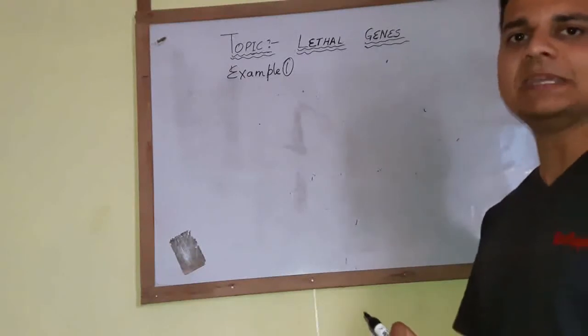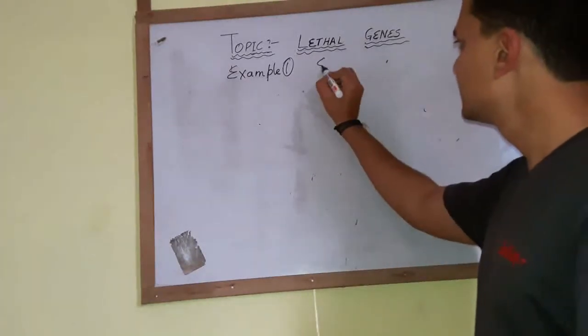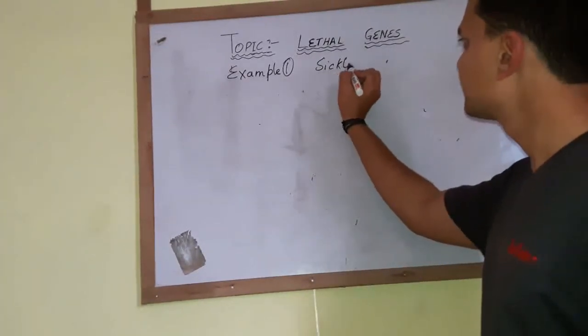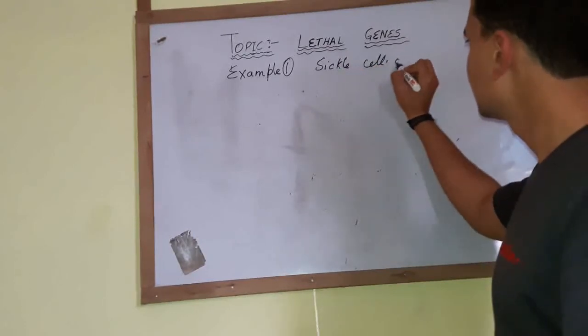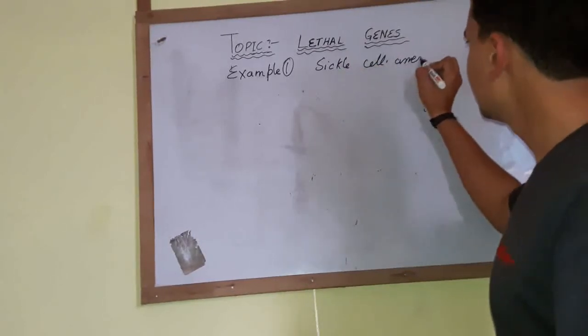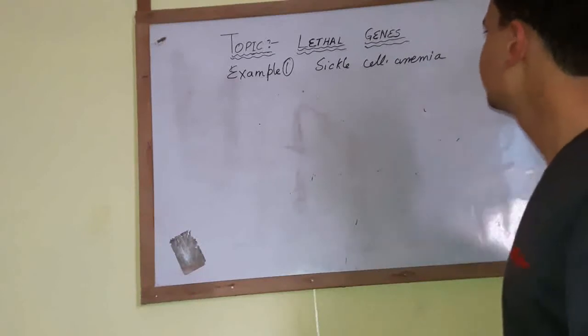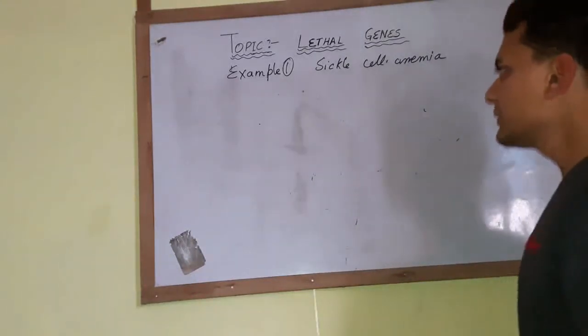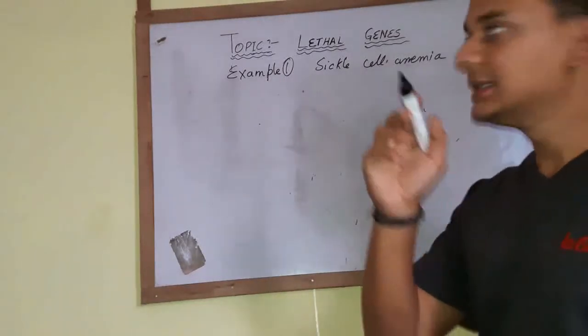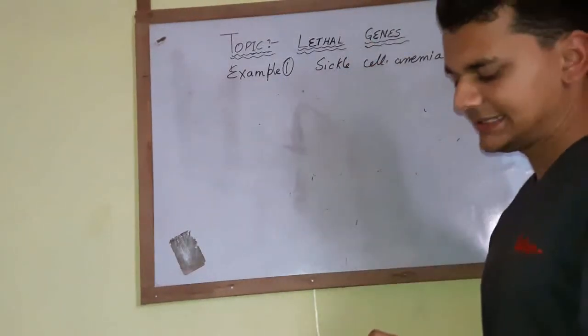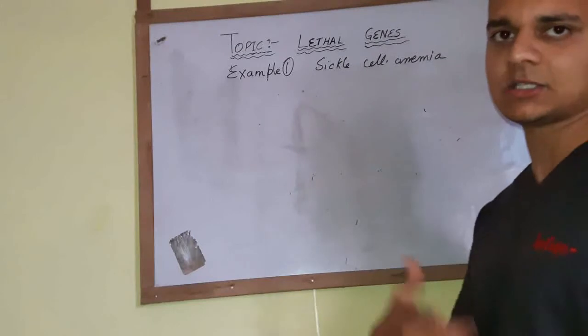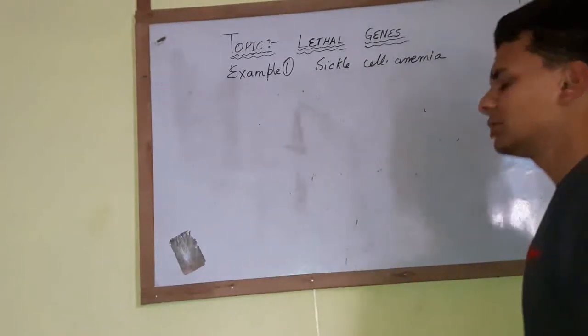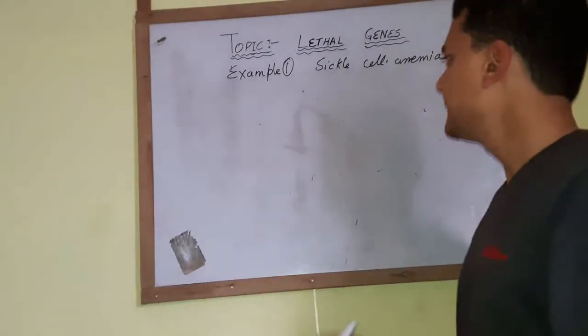The very first example that I am going to give is sickle cell anemia, right? This is a disease where the lethality is seen, or the lethal gene is shown. Let's talk about how.